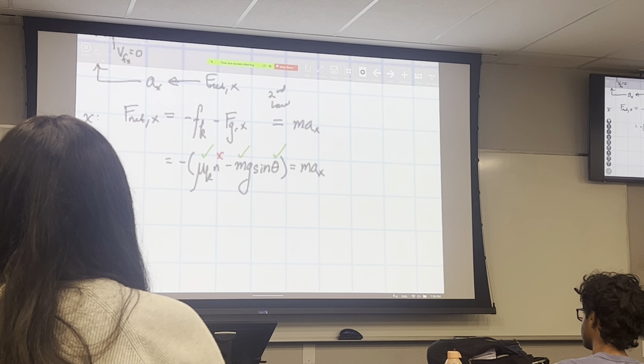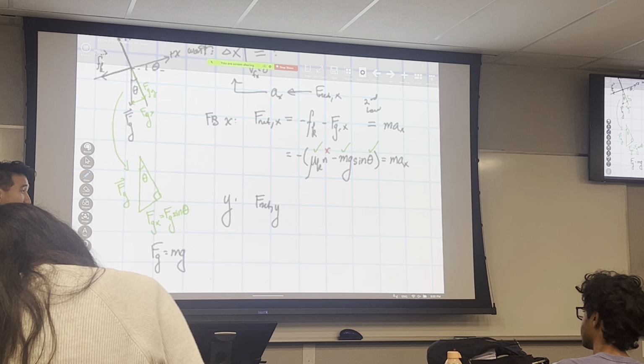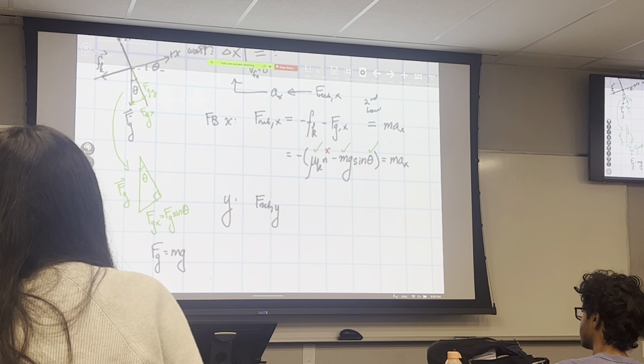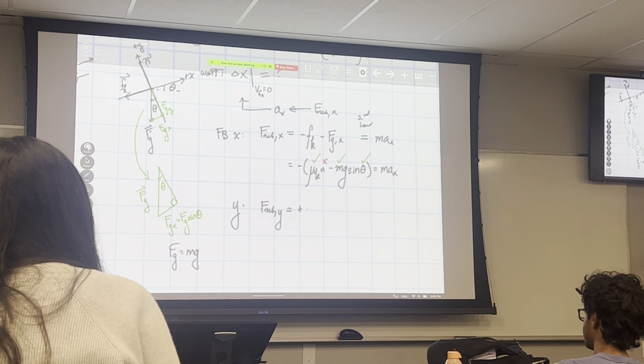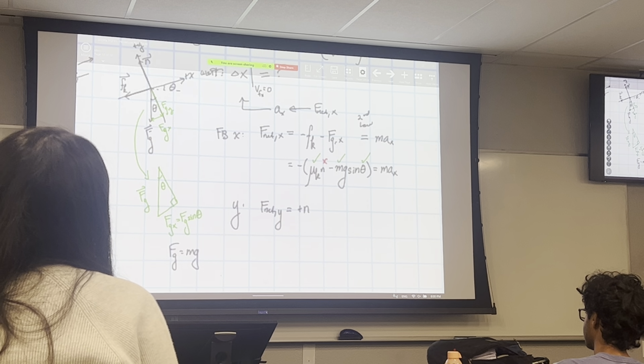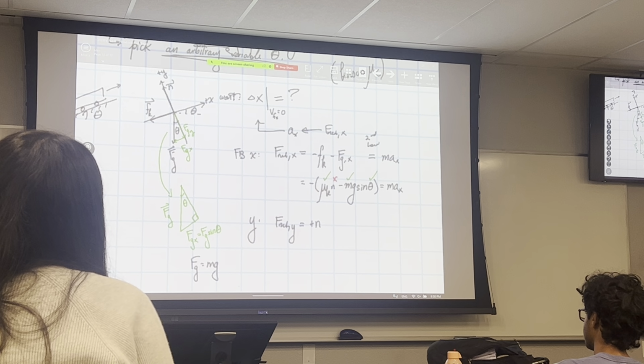So here we find ourselves needing the normal force again, and that is acting directly in the y. So if we do our force balance, the force balance in the y is equal to positive normal force N. And do we have anything else?